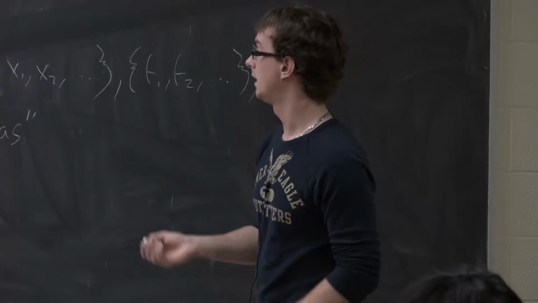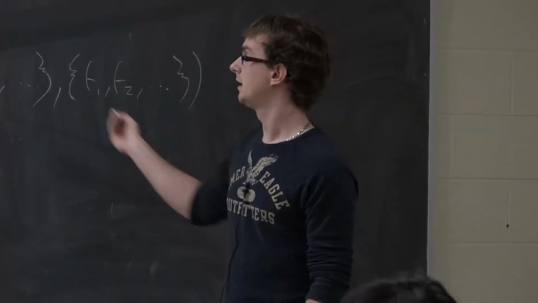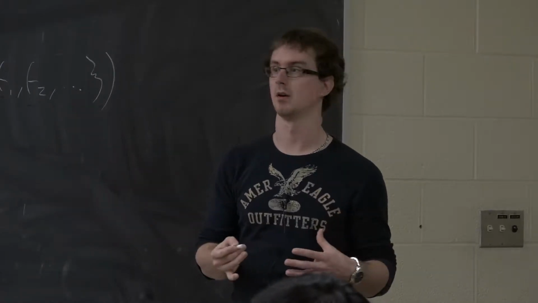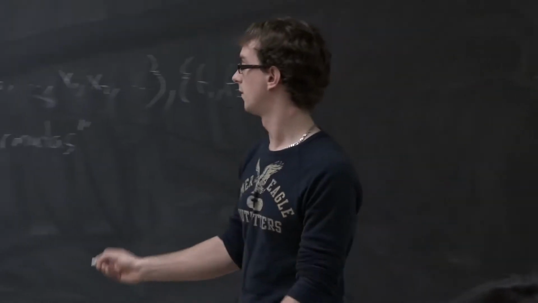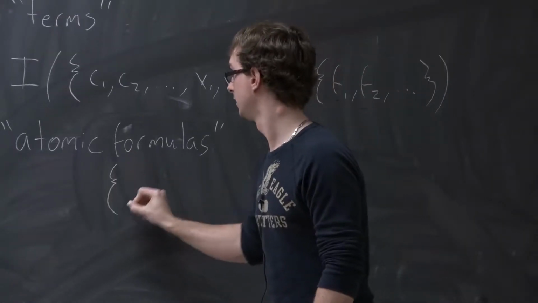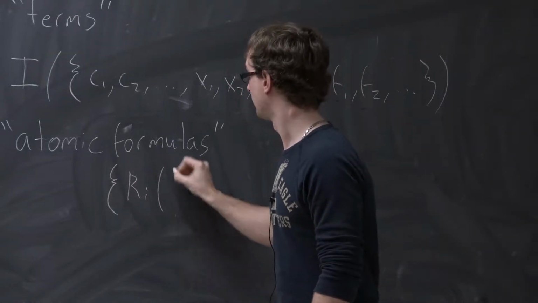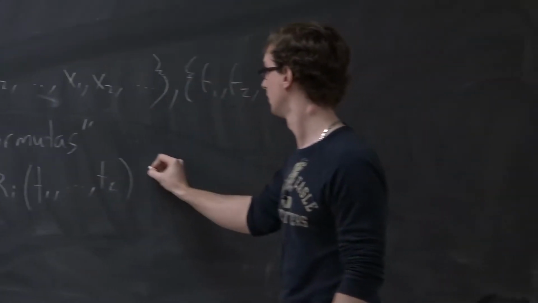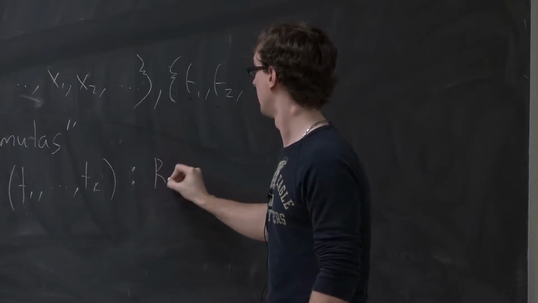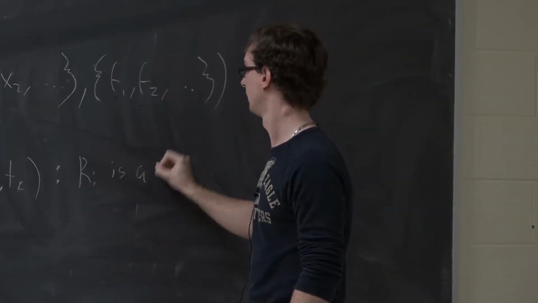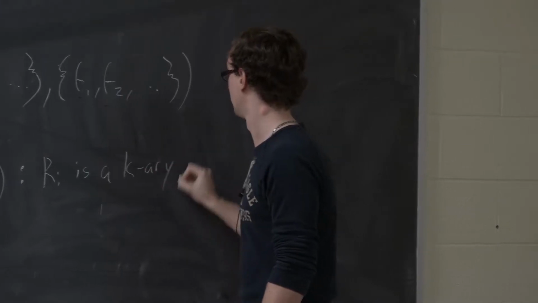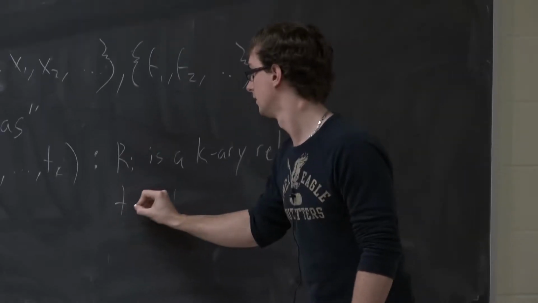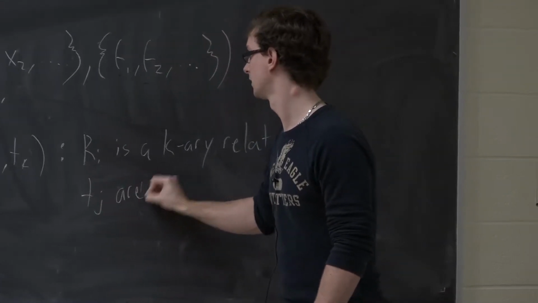And they'll be defined as taking any number of possible terms that we can generate and combining them together with one of our possible relations. So formally, this is going to be Ri applied to some number of terms, where Ri is a k-ary relation and Tj are terms.